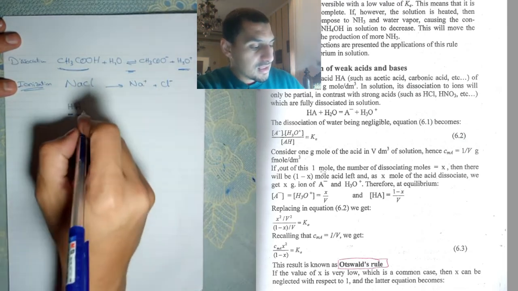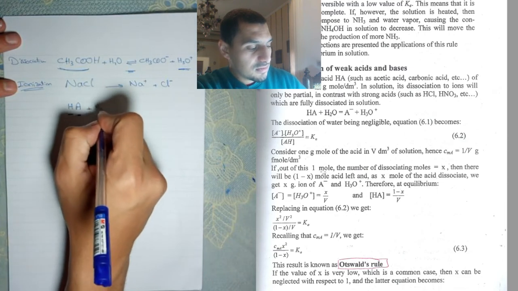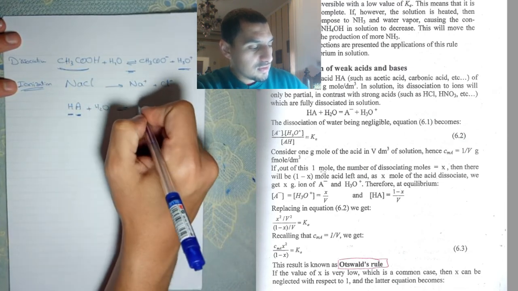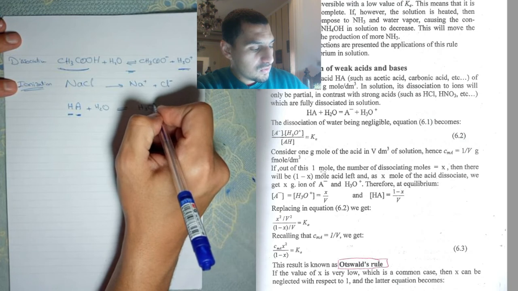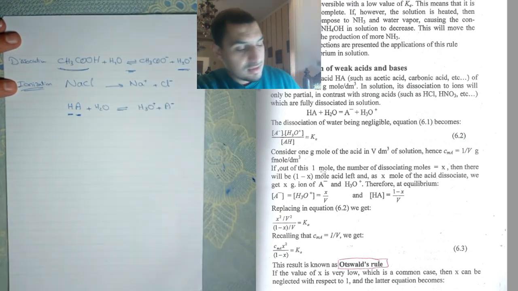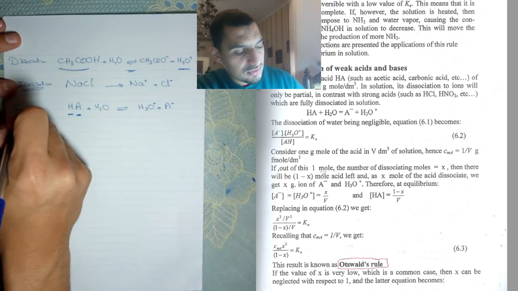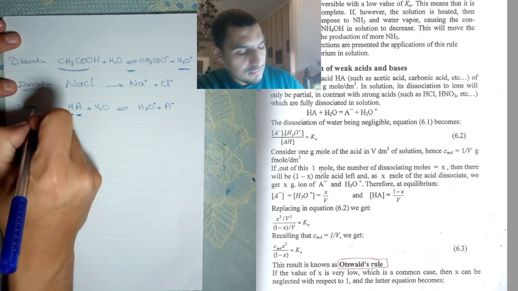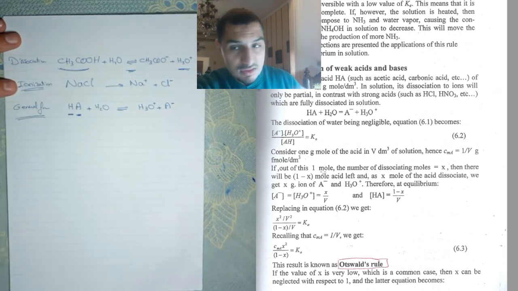In this case, the reaction would be HA plus water gives H3O plus A minus. This is the general form of dissociation in the case of weak acids.